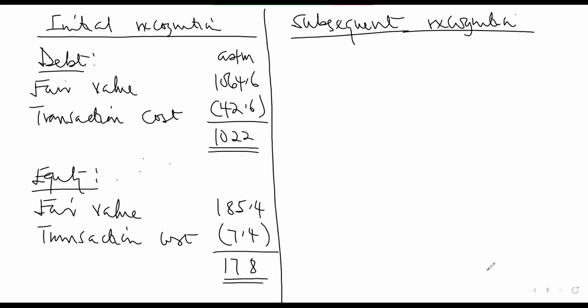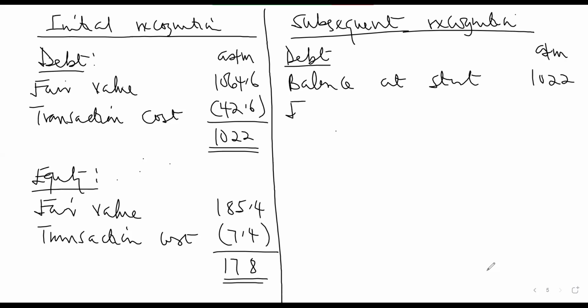So let's now go to the subsequent measurements. So we come to the debt. It's only the debt that will be what? Subsequently what? So we can come to the net amount or the balance at start, anyhow you call it. So the balance at start will be the 1022.